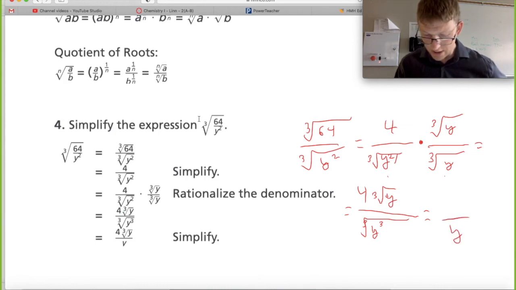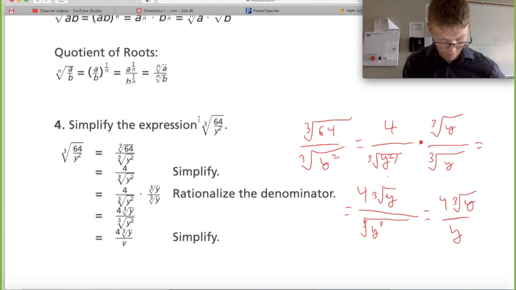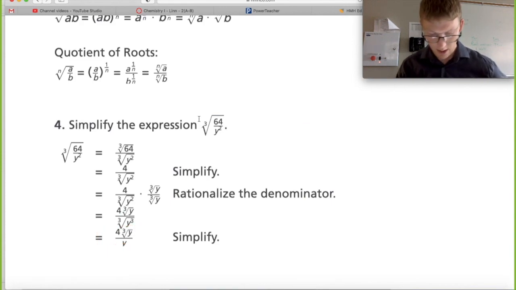So if this was just the cube root of y, we would then have to multiply it by the cube root of y squared so that our two numbers matched. So then on top, we still have 4 cube root of y. So we don't like icky numbers in the denominator, aka irrational numbers in the denominator. We like rational and happy numbers.